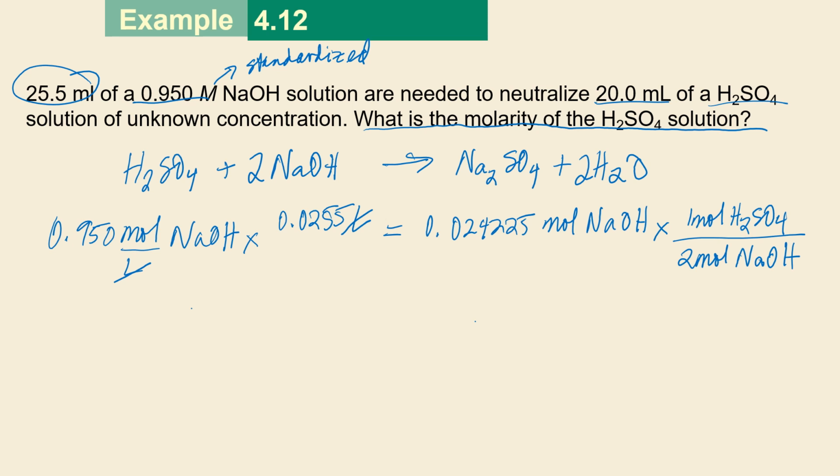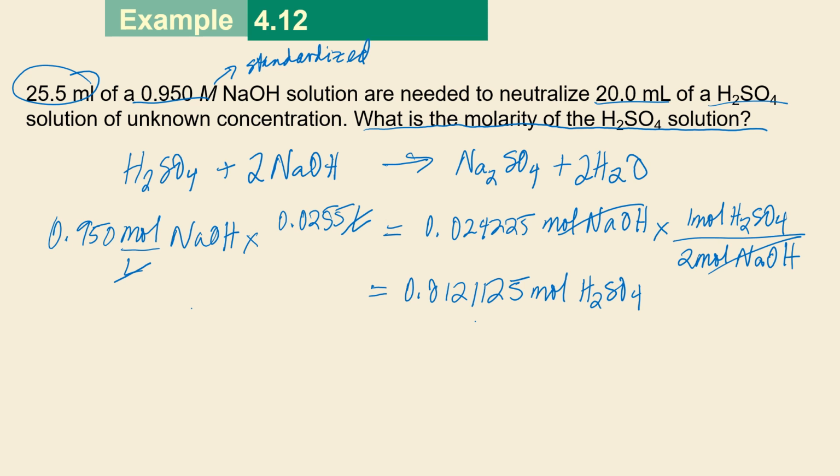And when we do that, for our moles of H2SO4, we get 0.01211125. Notice I'm retaining a lot of significant figures at this point, but we'll have to worry about how many we can actually keep at the end.